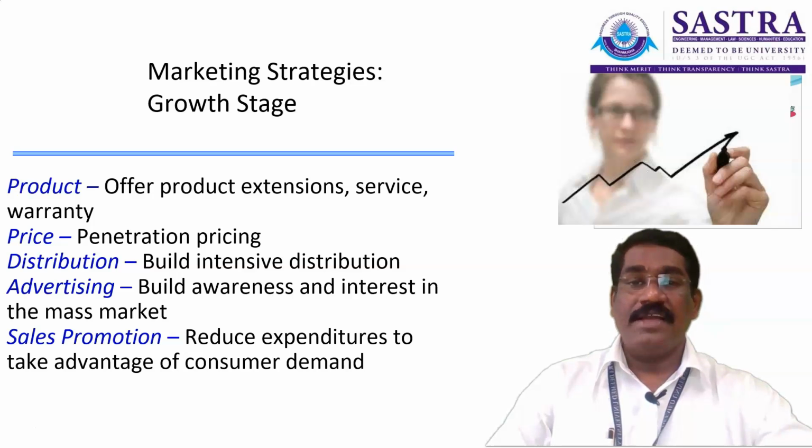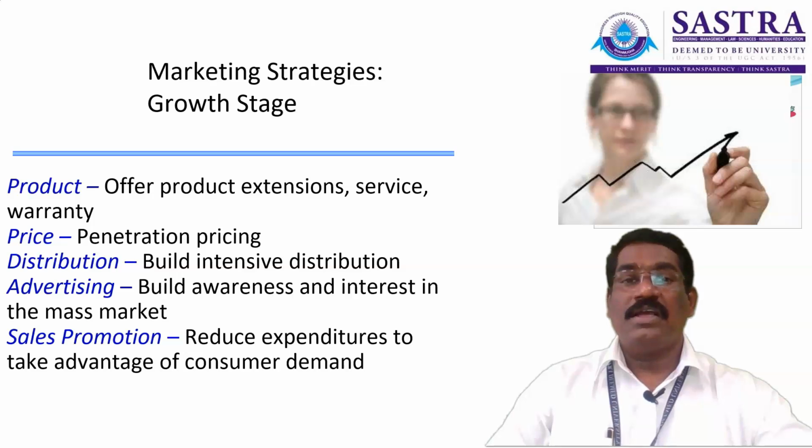I mean, we charge a low price so that it will penetrate into the market. In case of distribution strategies, the marketer will try to build awareness and interest in the mass market by using very creative advertising, which has a catchy hook in the minds of the consumers.